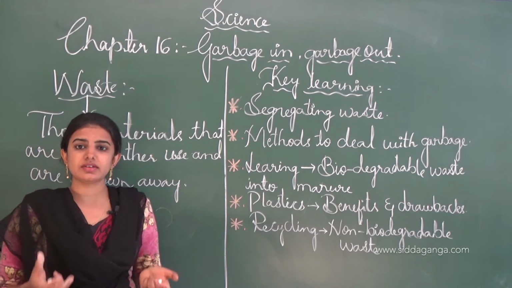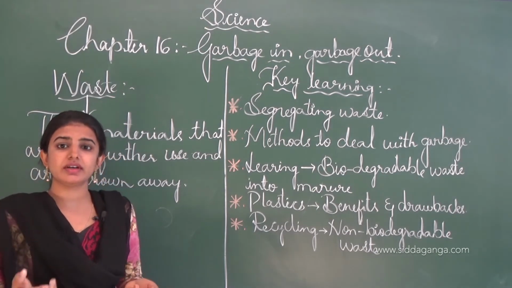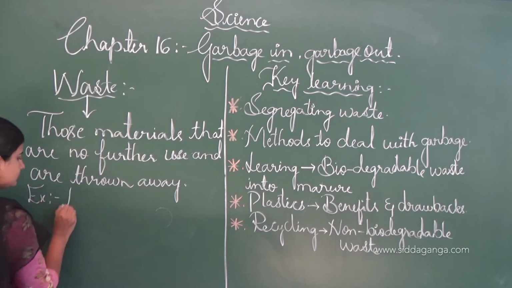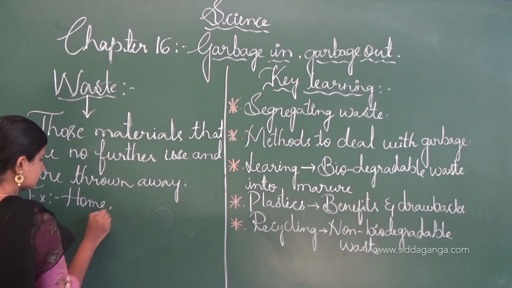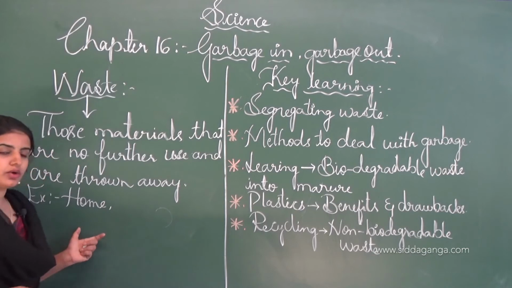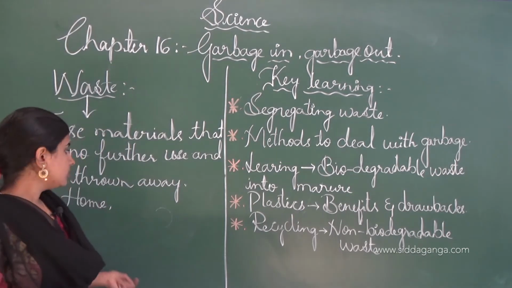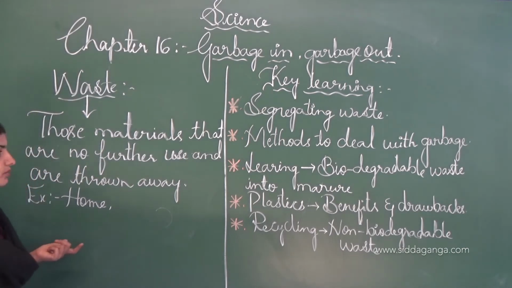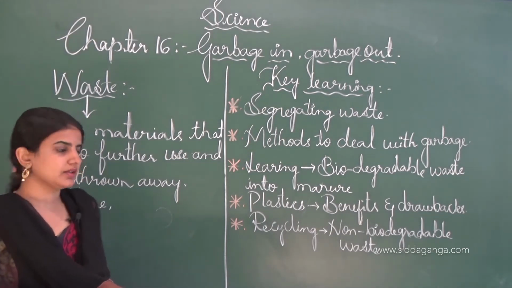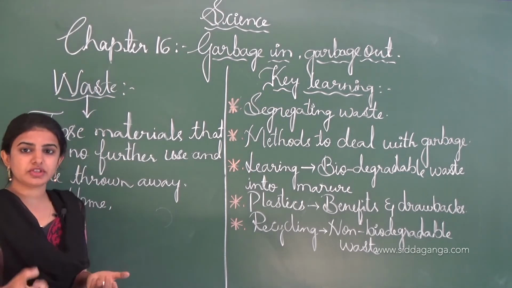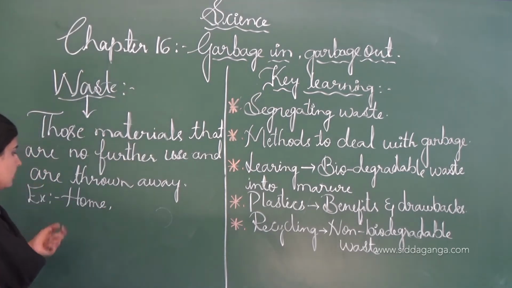And this waste comes from many places, for example, homes, offices, schools, etc. Sometimes in homes we throw away unnecessary things which are no longer used into the dustbin, and these substances come under the heading waste.